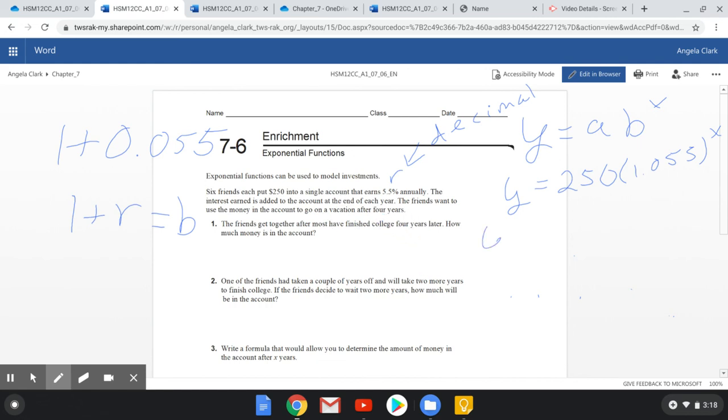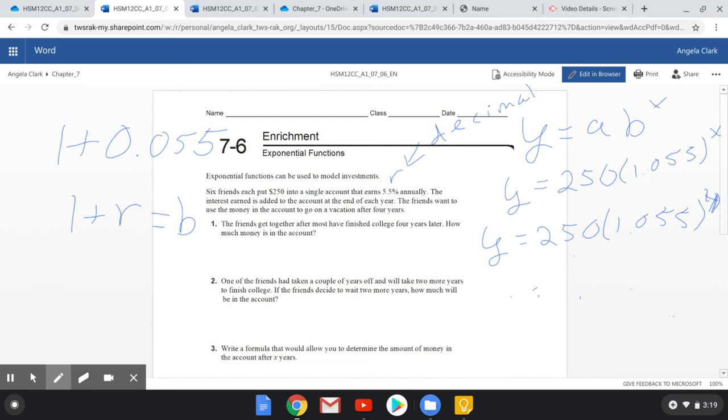So I'm going to get y equals 250 times 1.055 to the 4th power. I'm just going to put that in a calculator. 250 times 1.055 to the power of 4.